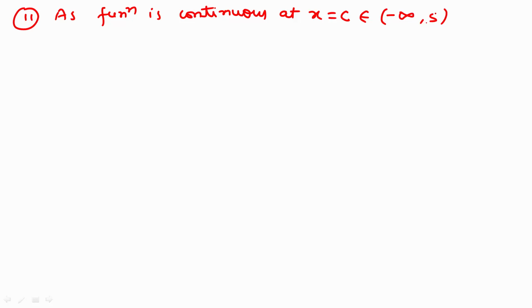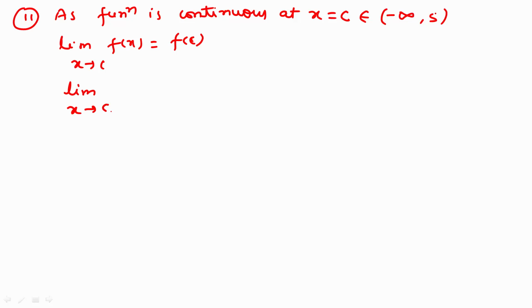So in this case, there is no need to take the left hand and right hand limits separately. We take only limit x tends to c, f(x) is equal to f of c.